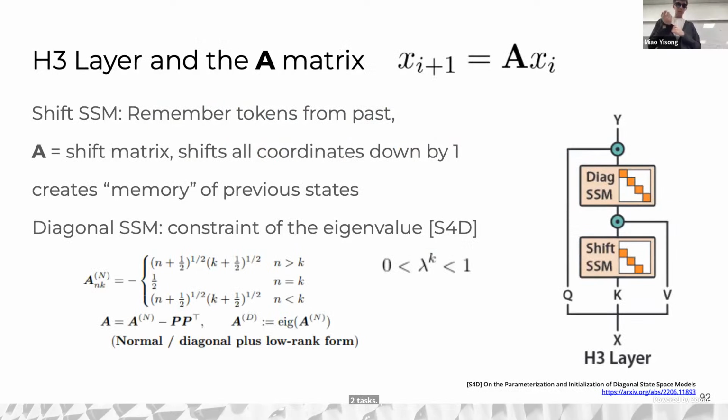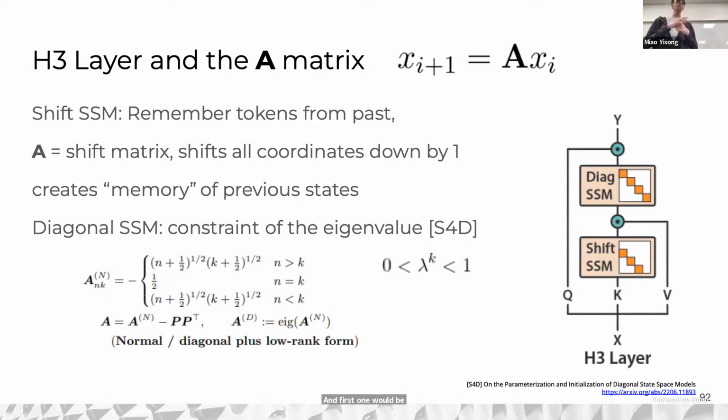How H3 actually achieved this was to have two state space models, where each state space model is actually a layer in the neural network. The first one is a shift SSM.